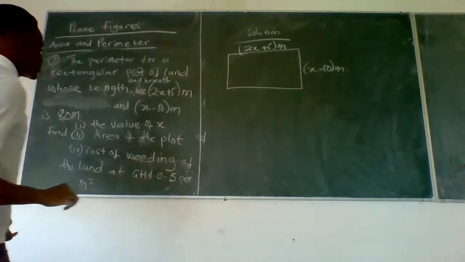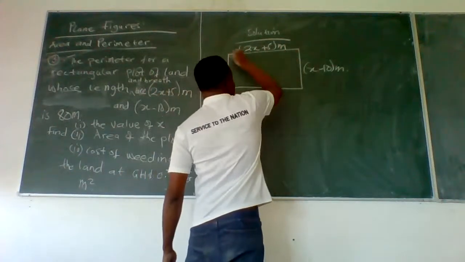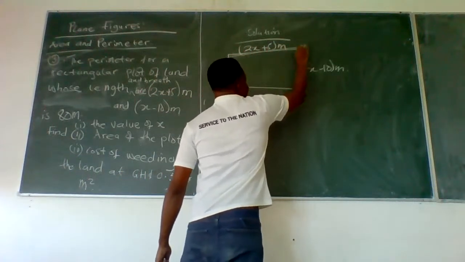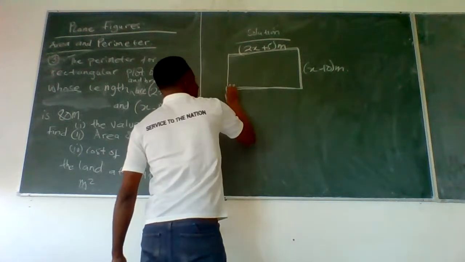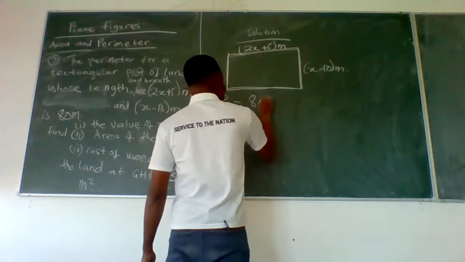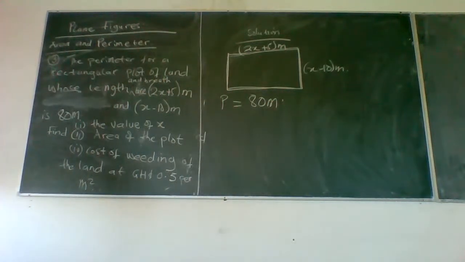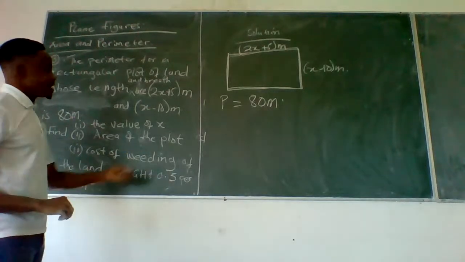So this is our land. And then the total distance we want to walk around the land is what we call the perimeter, which is equal to 80 meters.